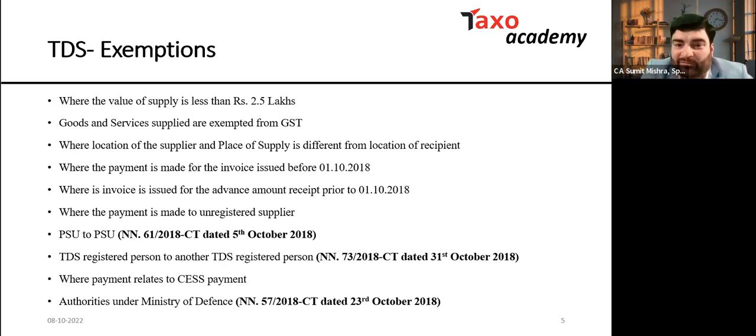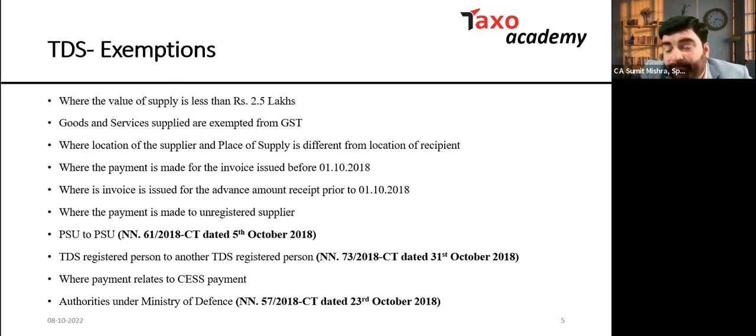But again, the SOP issued by the department says that if I'm taking supplies from an unregistered supplier, then I'm not supposed to deduct TDS even if the value exceeds 2,50,000. The basic reasoning, as I understand, is that if I deduct TDS, since he or she is an unregistered supplier, they cannot take the credit of that particular amount of TDS. It's a total loss to that supplier. So the idea is clear. Hence supplies made by an unregistered supplier are not subject to deduction of TDS.